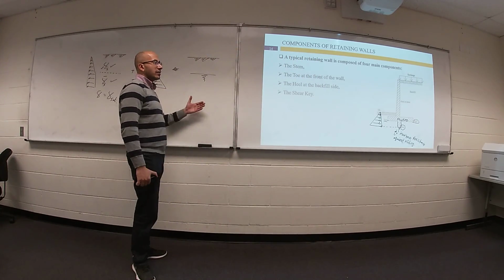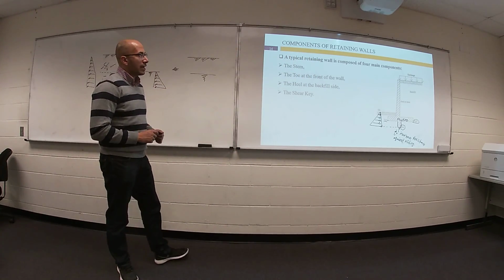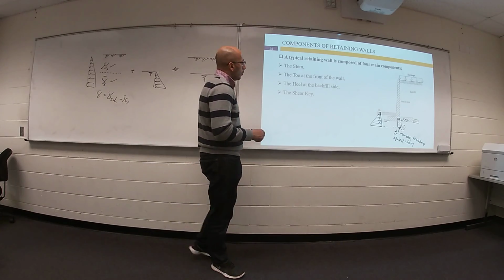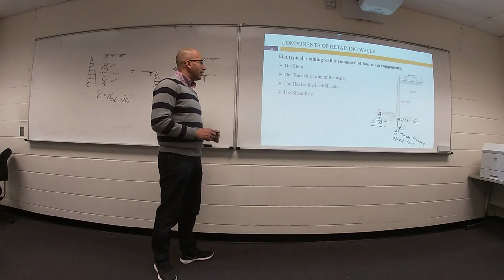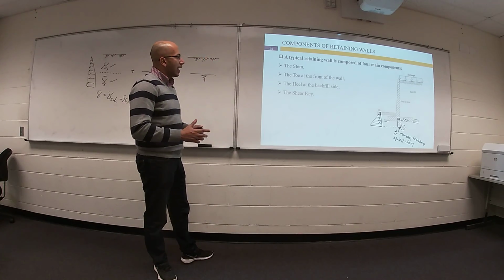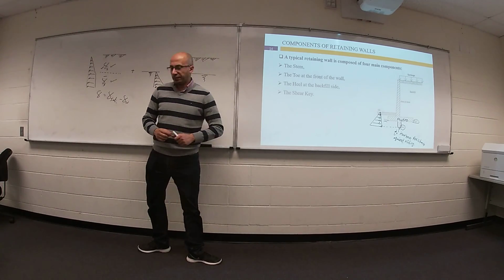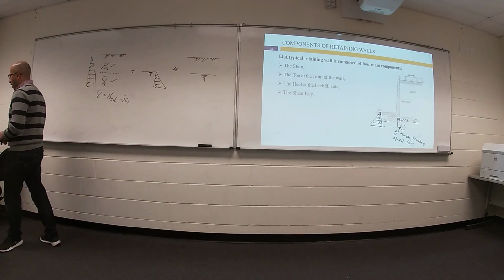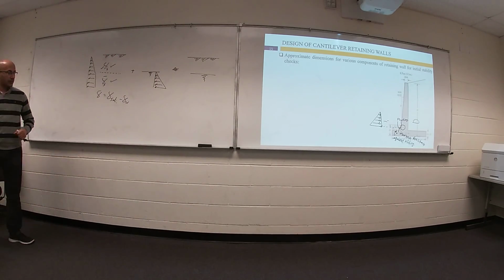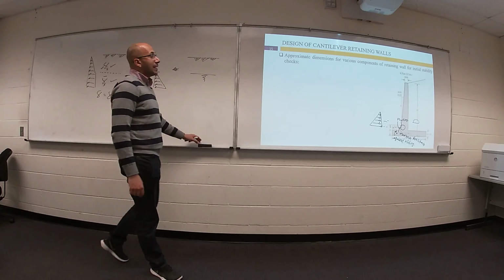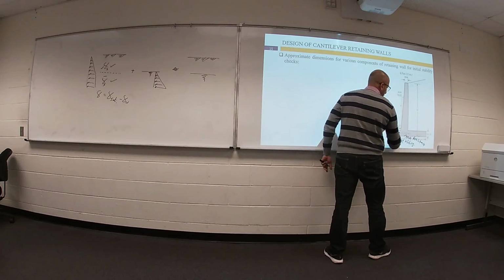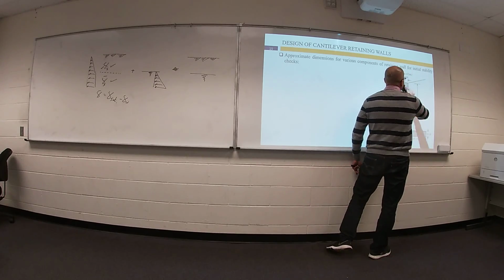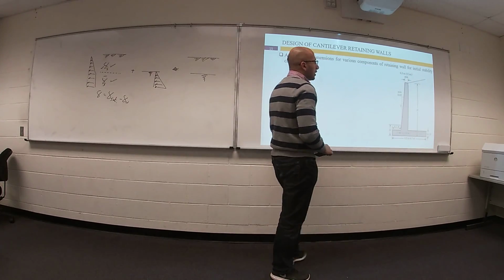So we have different components on the retaining wall: stem, toe at the front of the wall, heel at the back, fill side, and shear key. One more thing. If you would like to assume the dimensions of the retaining wall at the beginning, then go ahead and make a check.